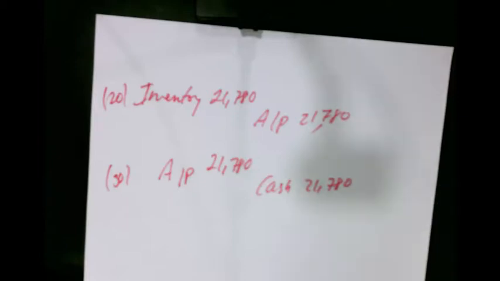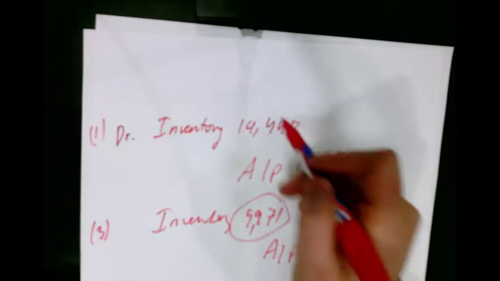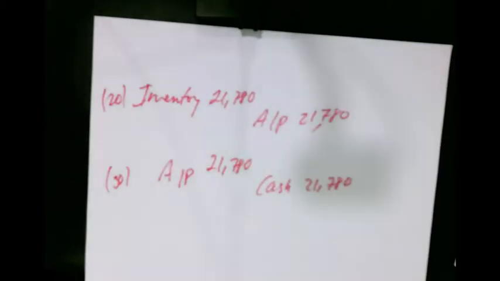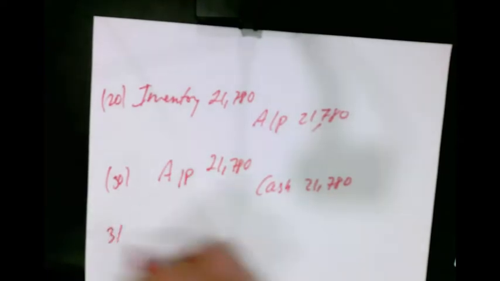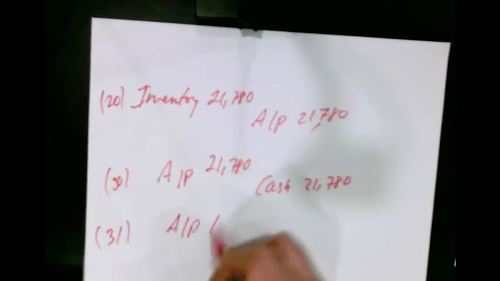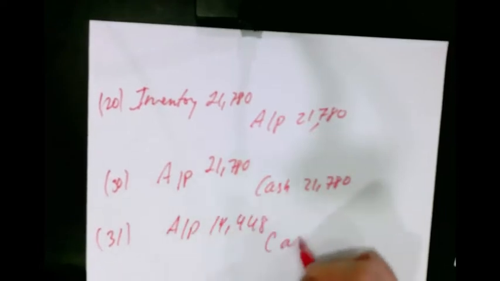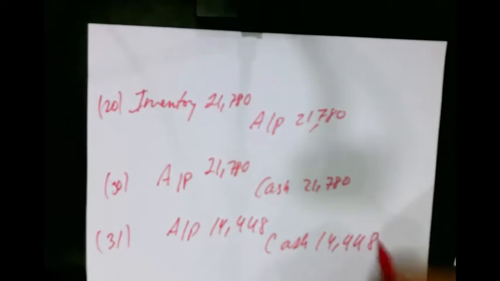31st, paid UK imports for invoice on October 1st. In this particular case, there was no discount. This is this very first transaction, which we recognized right here. This is what we had before, 14,448. So there was no discount taken or even available. So that simply is the debit in AP 14,448, credit in cash 14,448.